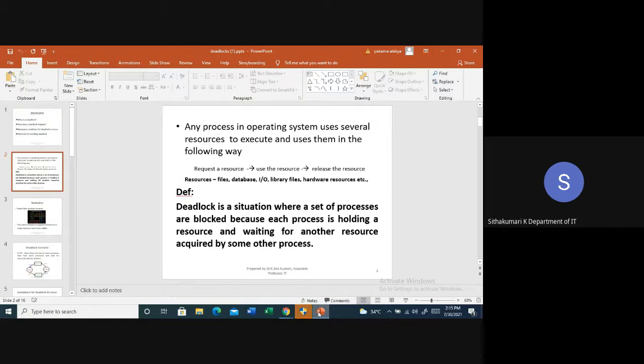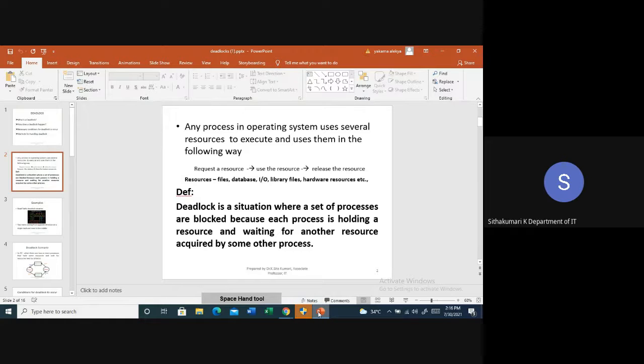Deadlock is a situation where a set of processes are blocked just because each process is holding a resource and waiting for another resource which is acquired by some other process. For example, if any process wants to use any resource, it has to follow this sequence.